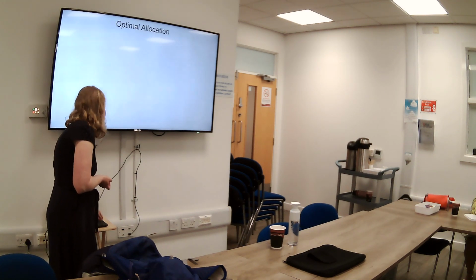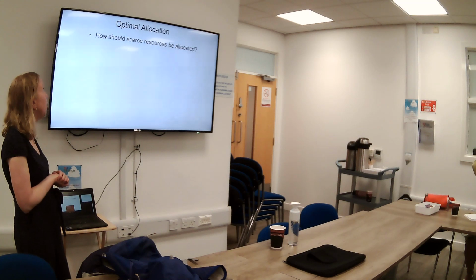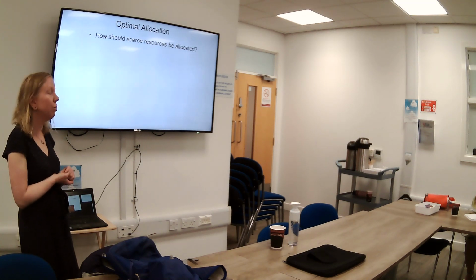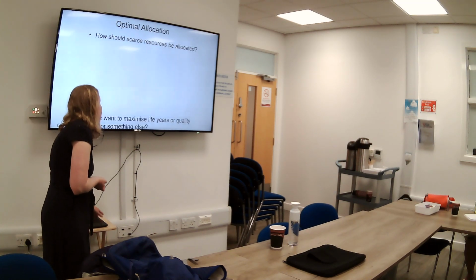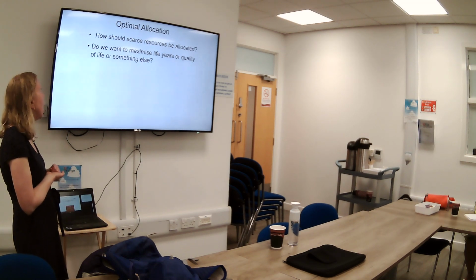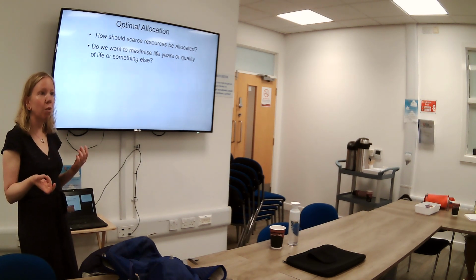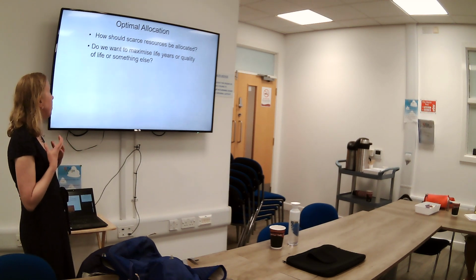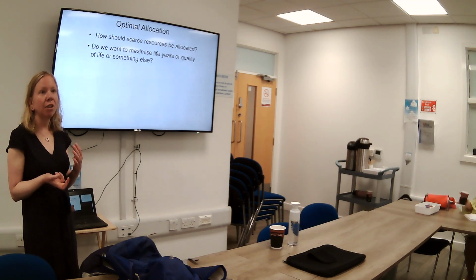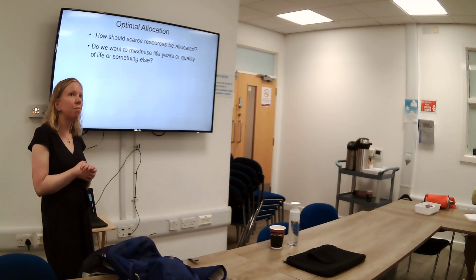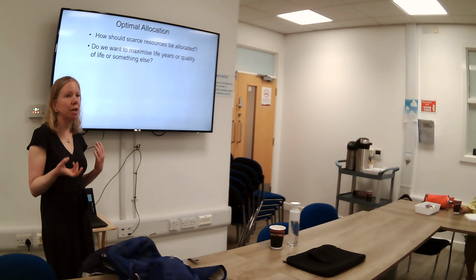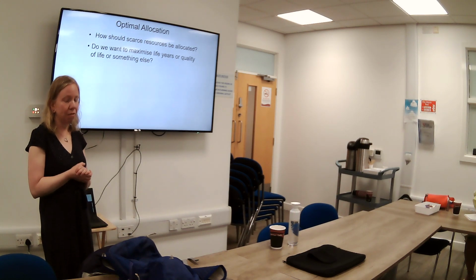That takes us to this: how do we decide how resources should be allocated? Do we look at quality of life, life years, or something else? A lot of work by health economists looks at population preferences, and that's how it's decided.